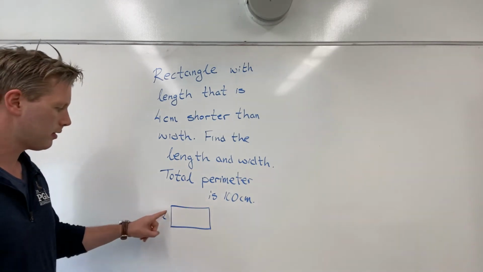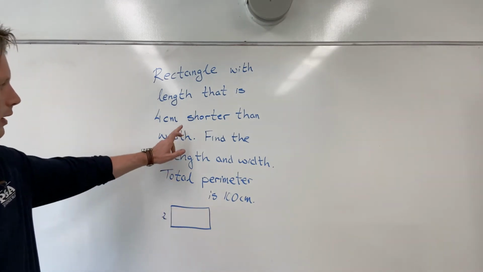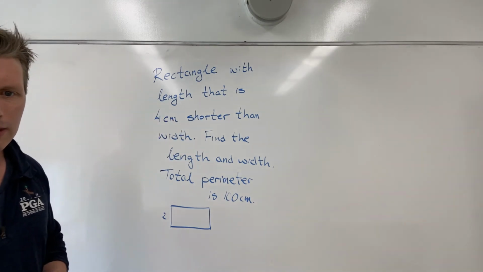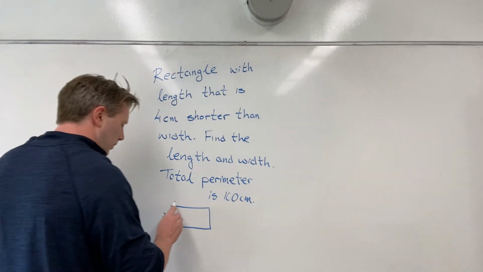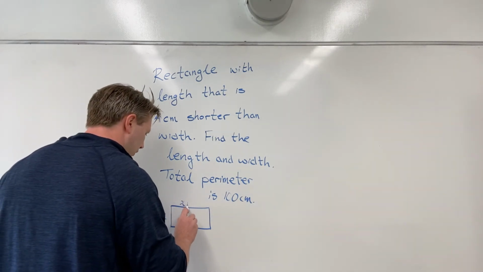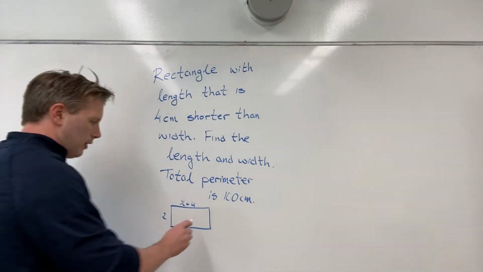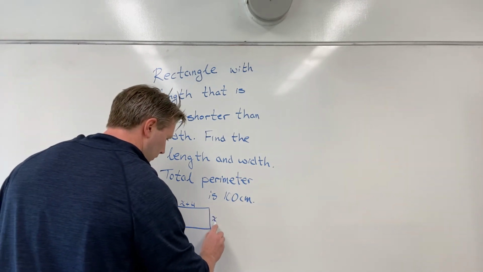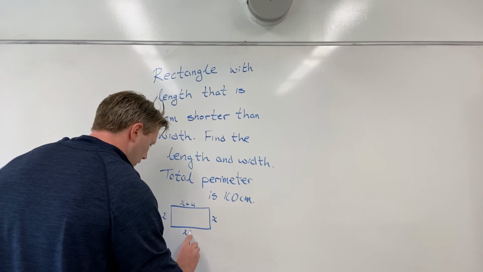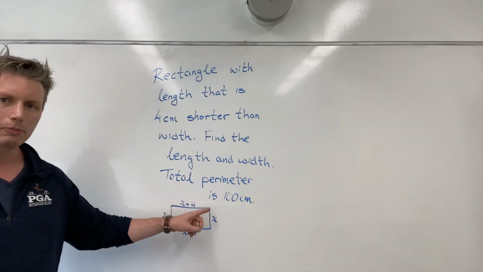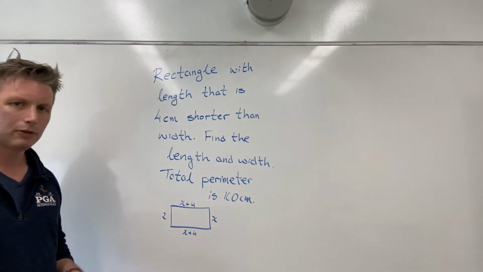And the width is 4 centimeters longer than the length, so this will be x plus 4. It being a rectangle, this distance here is also x, and this distance here is also x plus 4. So I have x, x plus 4, x, and x plus 4.